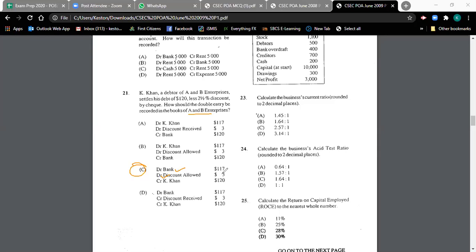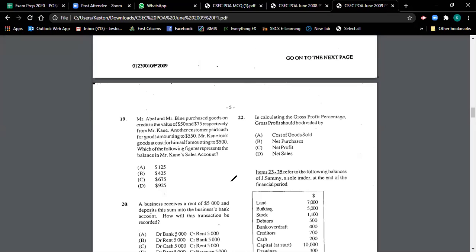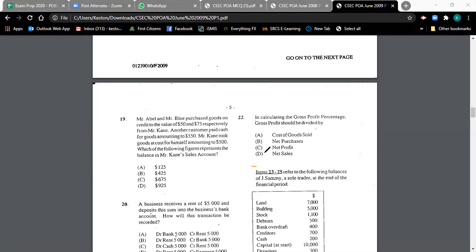Debit discounts allowed for $3 as a 2.5% discount, and credit K-Can, so he's no longer a debtor. 22. In calculating the gross profit percentage, what do we divide gross profit by? That's right, net sales.